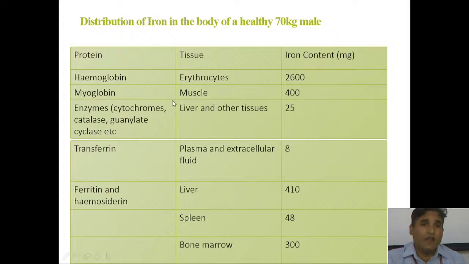Another major site is myoglobin, containing about 400 mg. The liver stores iron in the form of ferritin, and the bone marrow holds about 300 milligrams.